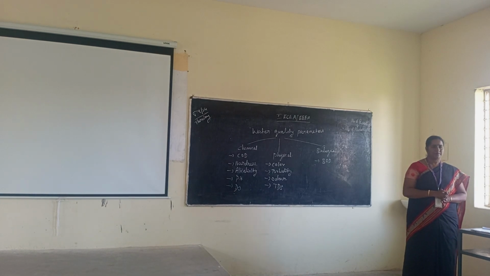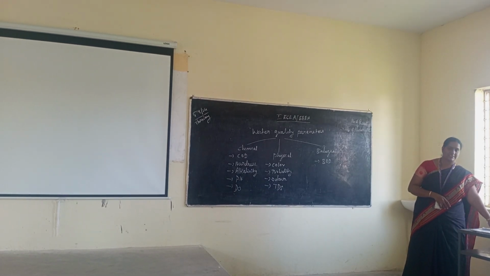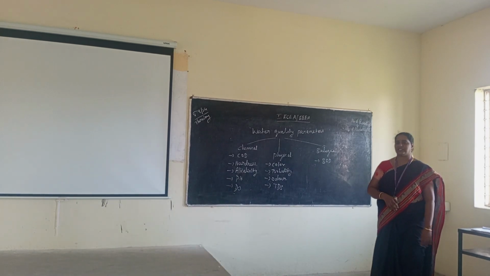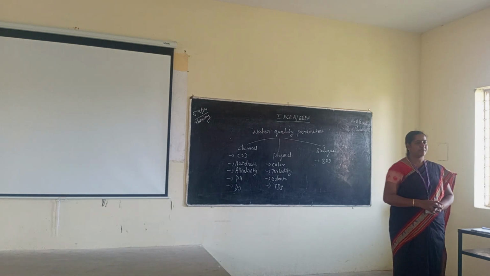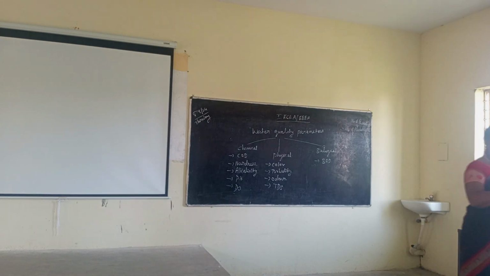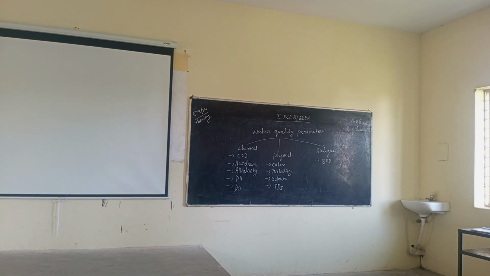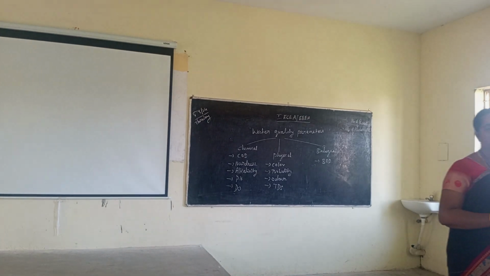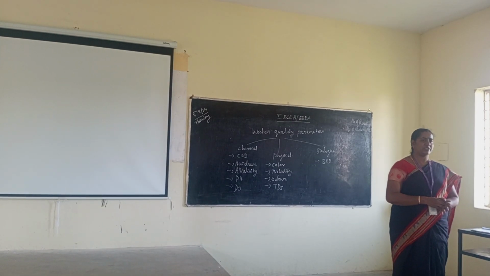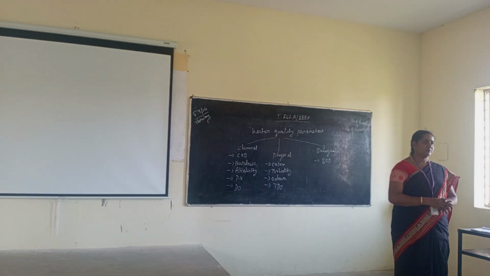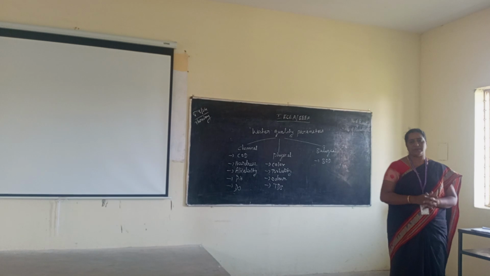Organic impurities: fats, greases, animal matter, that means excreted substances, and waste vegetables are some of the examples of organic impurities.